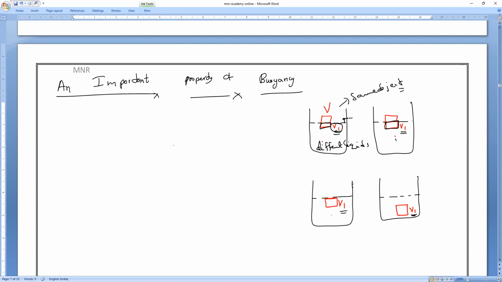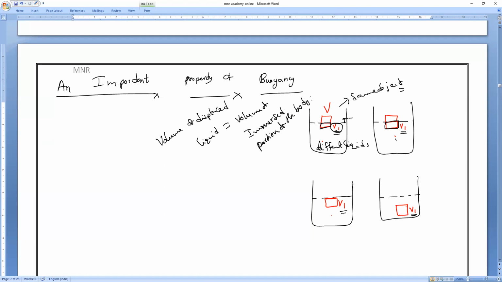So keep it in mind, the volume of displaced liquid is equal to the volume of the immersed portion of the body. Note it, everyone. Immersed portion of the body.